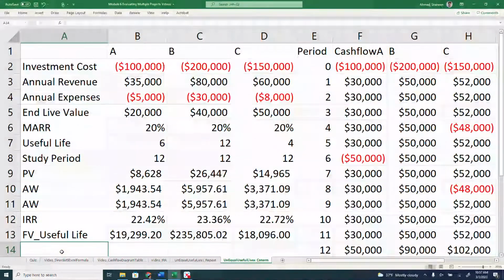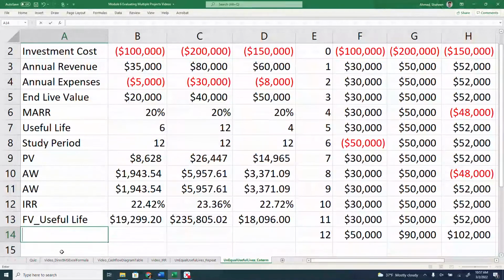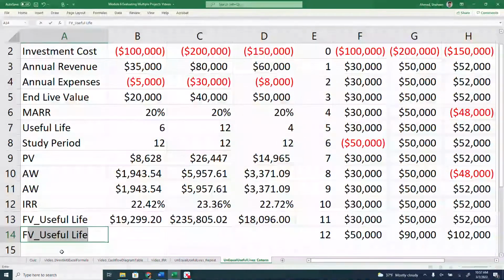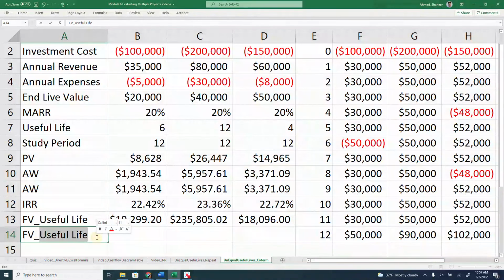Now what we have to do is take these future values to that common study period. So I'm just going to type this as the study period, which is 12 years. So this money, $19,299.20, we're going to get that in year 6, and we are converting that to year 12.